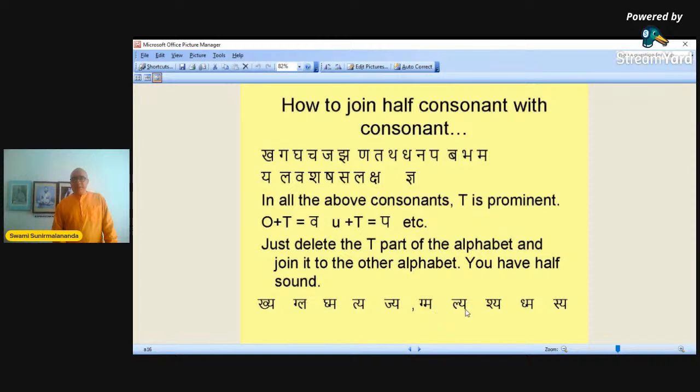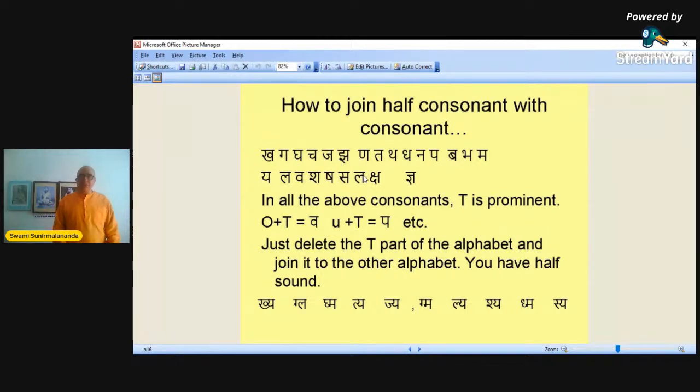Ma. Ya. Shya. Dma. Sya. So in this way, just try to eliminate the T part from all of these consonants and let what part remains remain there. Add it to a complete consonant. You have a combined consonant, 1.5 alphabet.